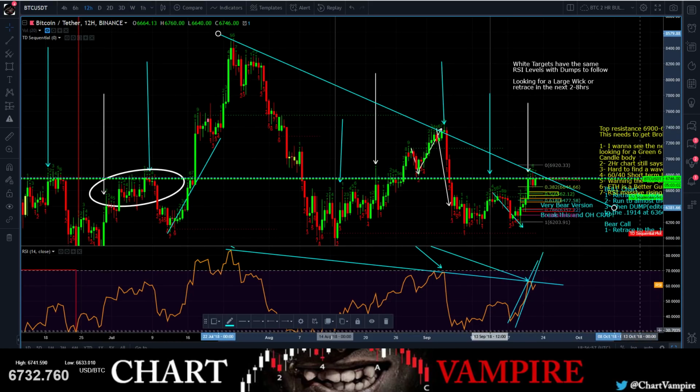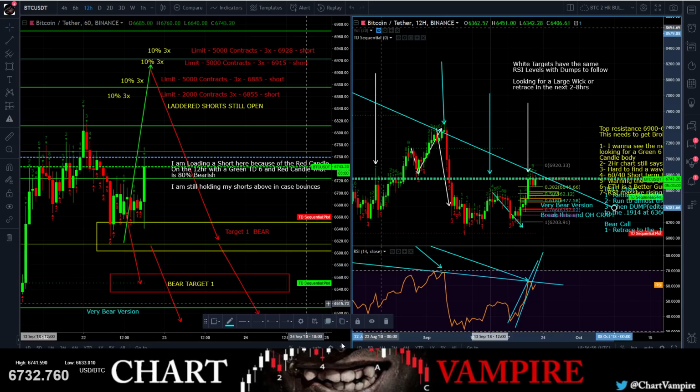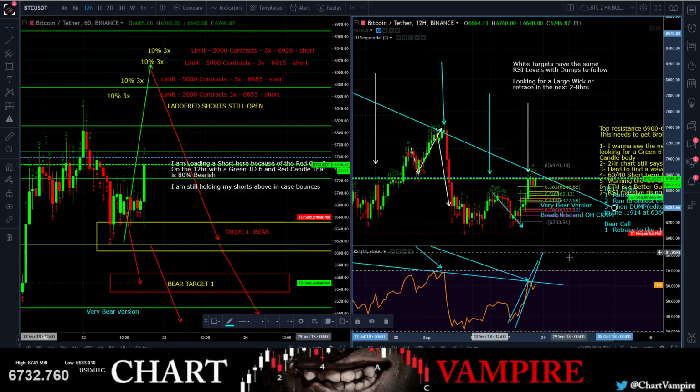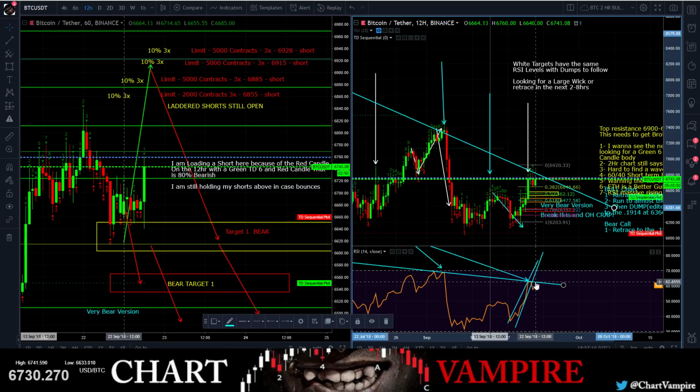Okay, so let's move along. Let's pop over here. All right, so this is why I still have all of these contracts open, because even if I get blown out of this trade, I'm just going to reload this thing based on this RSI and based on everything. This is also why I moved my stop loss up to 6,800.